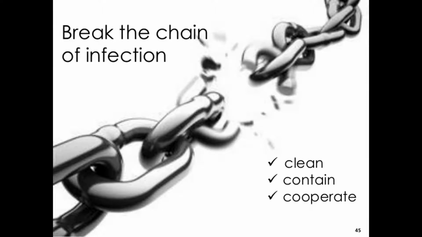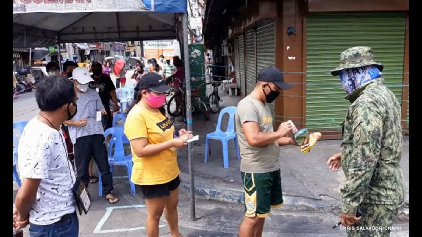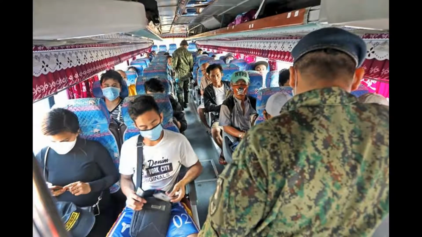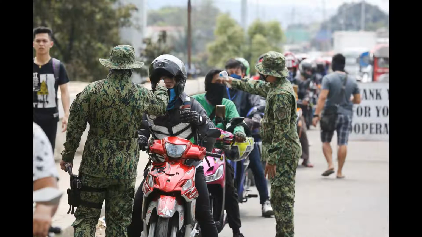Yun ang problema po natin ngayon. Especially right now, we are easing the quarantine measures. So, in most places here in the Philippines, from enhanced community quarantine, we are now moving to a general community quarantine.